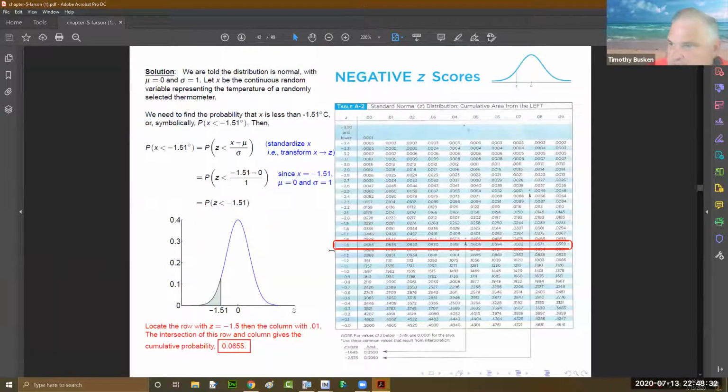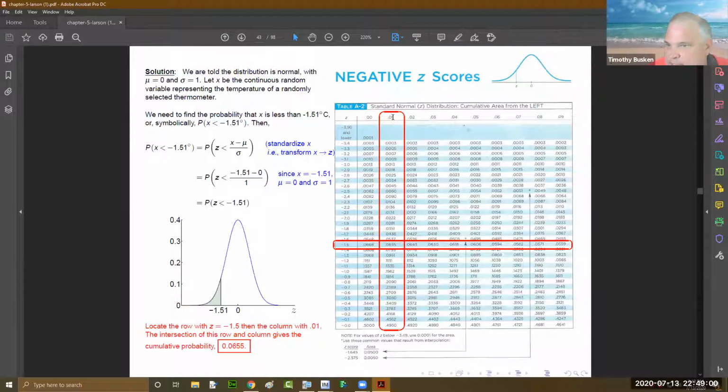So here I am. Can you see I'm down here? Z equals negative 1.5. There it is. I've circled the row that corresponds to that. And now the next thing to do is look for the hundredths part of the z-score, 0.01.